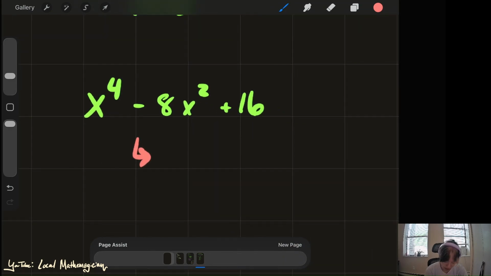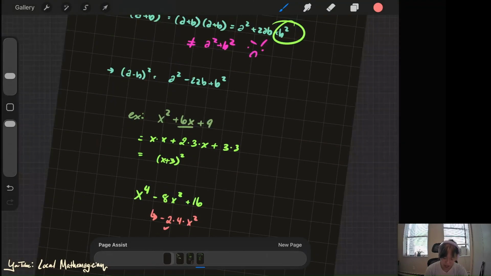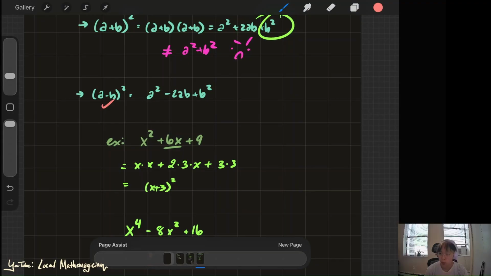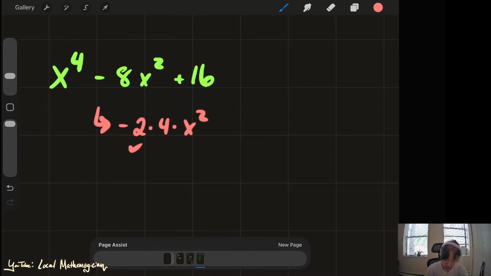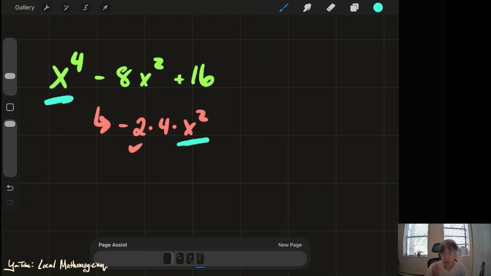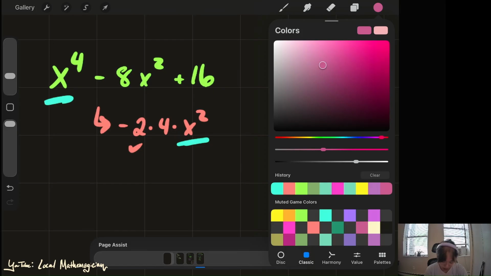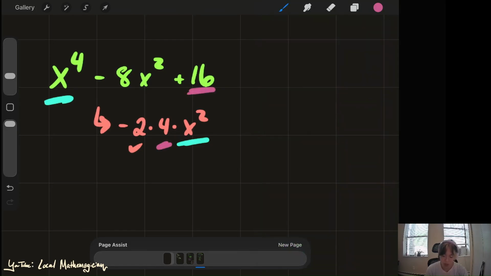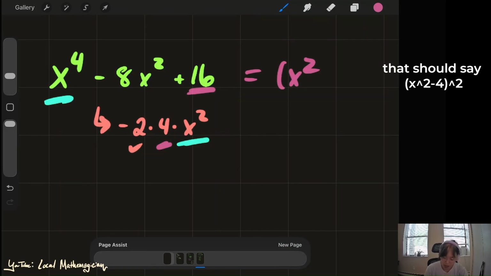This is looking like minus 2 times 4 times x squared. Oh, look, we already have that too. We already have this x squared. X squared squared is x to the 4th. And, oh, look, this 16 is just 4 squared. This is x squared plus 4, the whole thing squared.